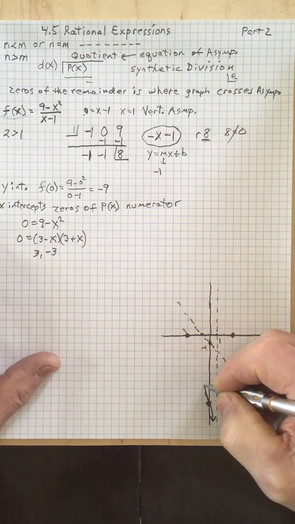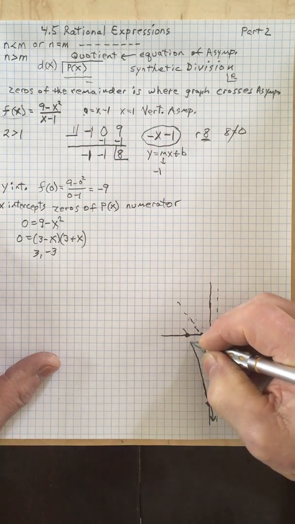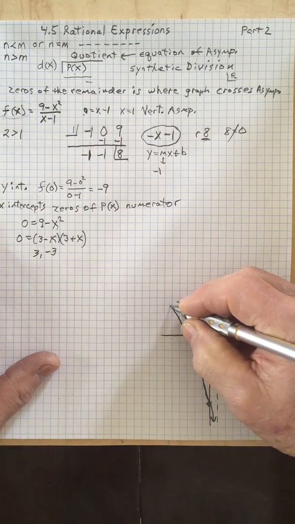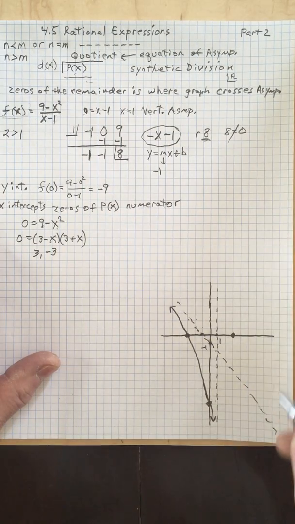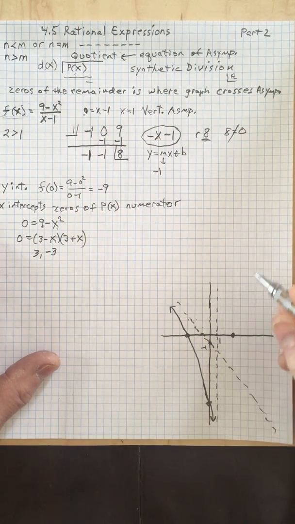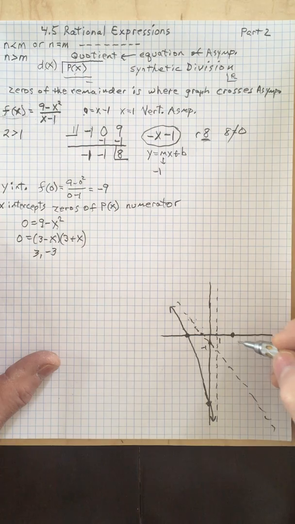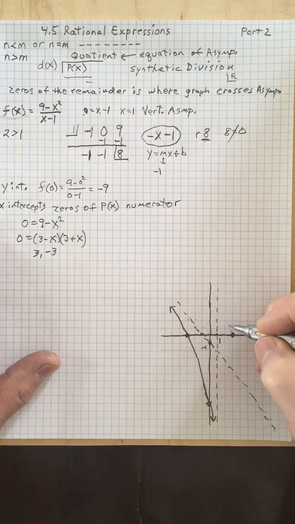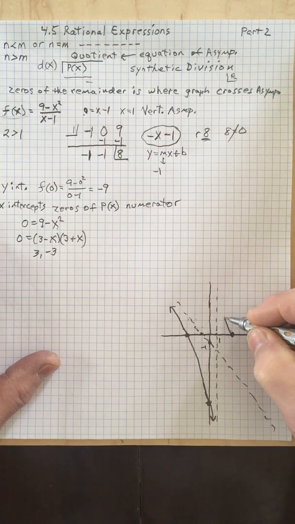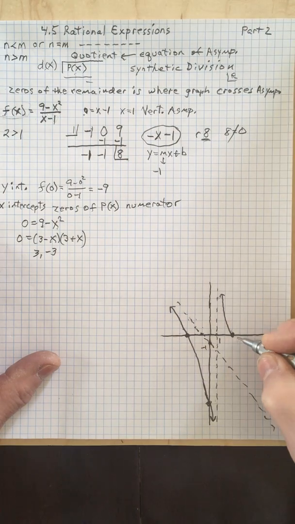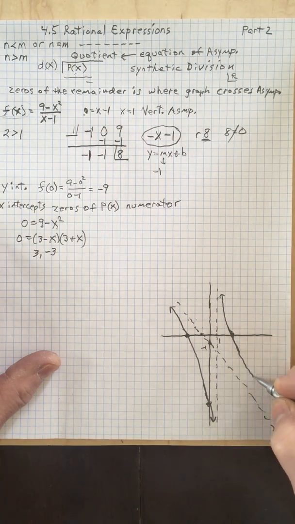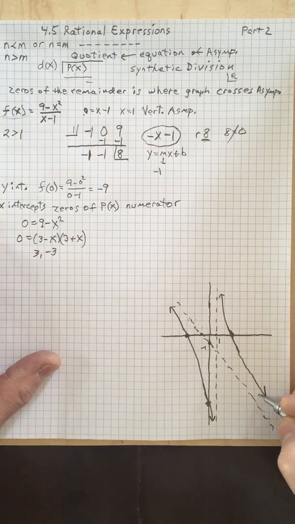And then I just have to try and connect this up and then head off towards that asymptote. And then over here, the same thing. I've got to go through this point and go up, but I can never touch the asymptote. So it's a little ragged looking, but that's how it is.